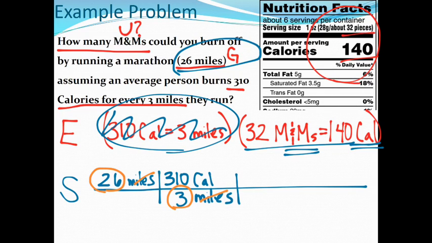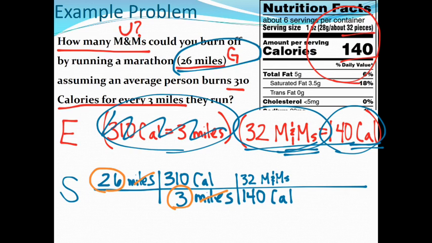Remember, to get rid of the calories that I've got on top here, I have to put calories on the bottom of this next conversion factor. I'm going to scooch that over because I don't need that much space here. So this 140 calories is going on the bottom, which means those 32 M&Ms can go on top.